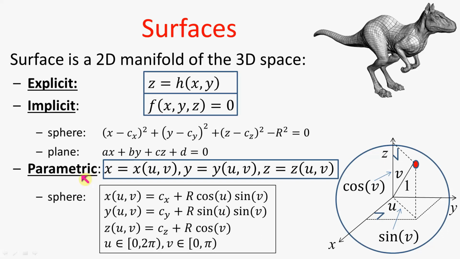An example of this parametric form is the sphere again, which uses the latitude and longitude angles typically applied on the Earth.